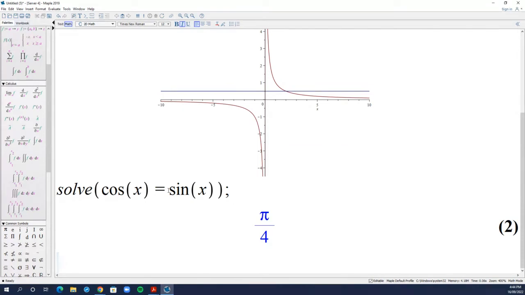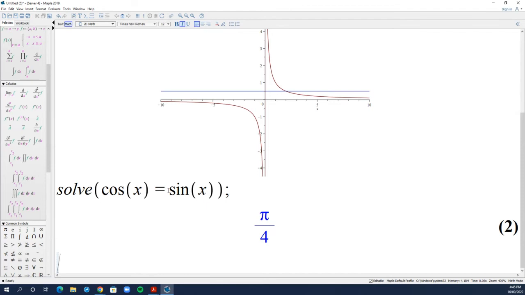Now, can anyone see a problem with what Maple's produced there? Interesting choice, Azad. I'm just wondering if the answer that Maple's given us is complete or not.